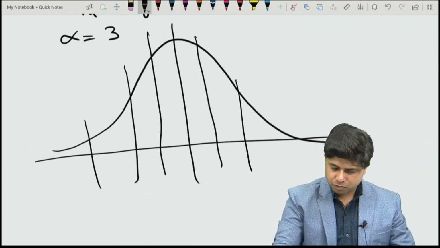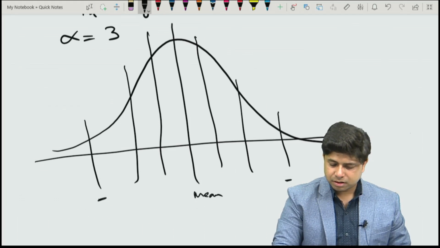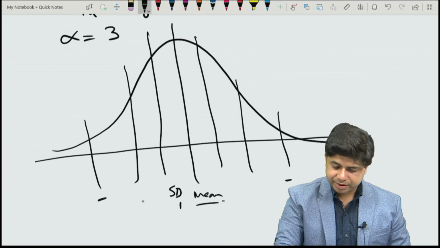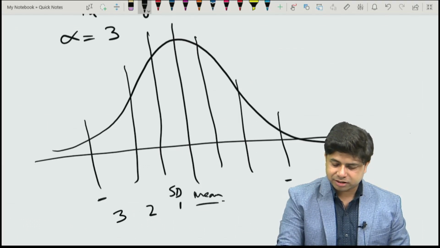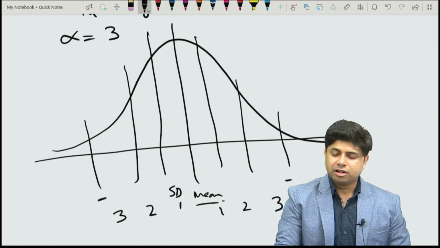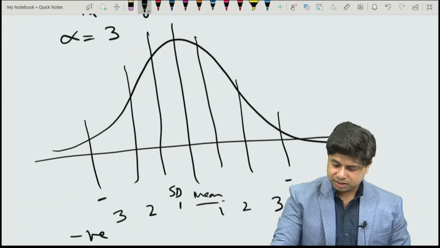So these are the marked points. This is the mean. So standard deviation 1, standard deviation 2, standard deviation 3. On each side we have 3 standard deviations. So between the marked points, this is the minus side, this is the plus side.